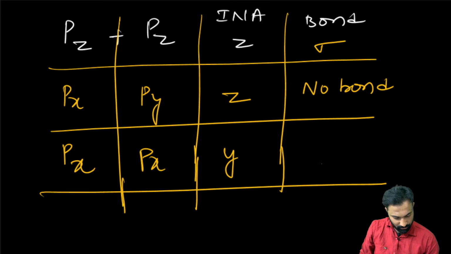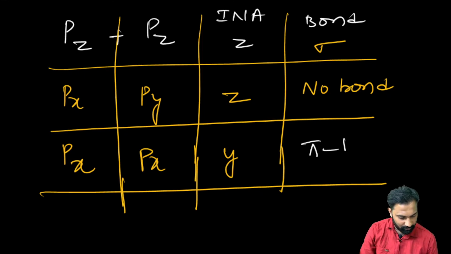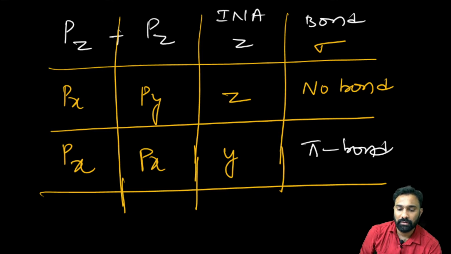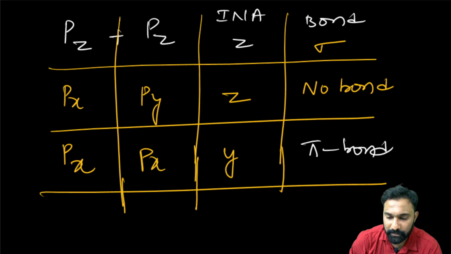Right. Good. It will give the pi bond. Okay. In this manner, sigma bonds and pi bonds will be formed. Okay. Right.